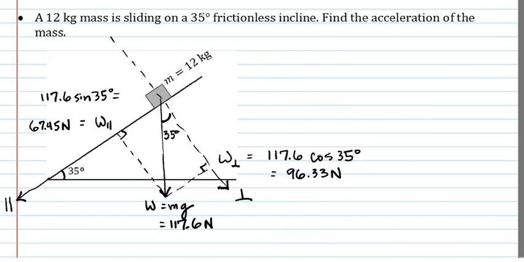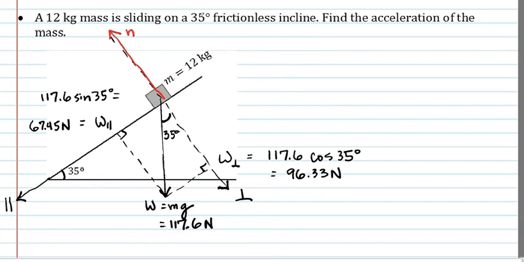In fact, if we wanted to consider the force that the surface applies to the mass, we'll sketch that in for future talking purposes. The force that the surface applies to the mass is called the normal force because it's perpendicular to the surface, and in math the word normal means perpendicular.